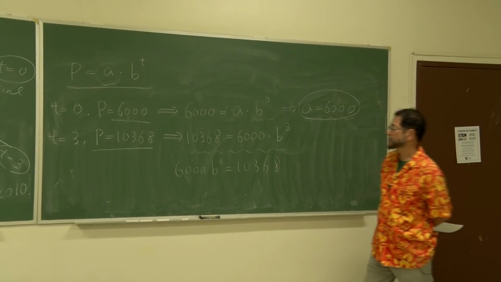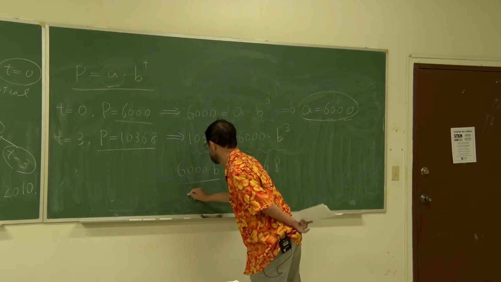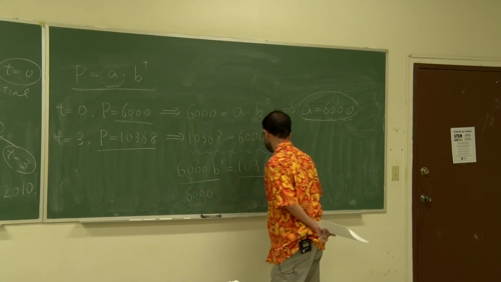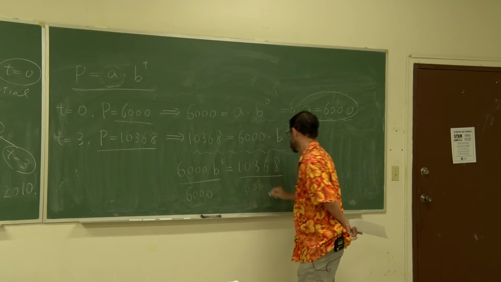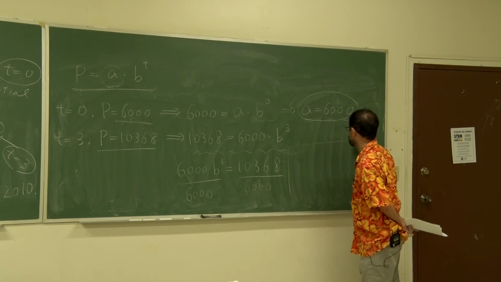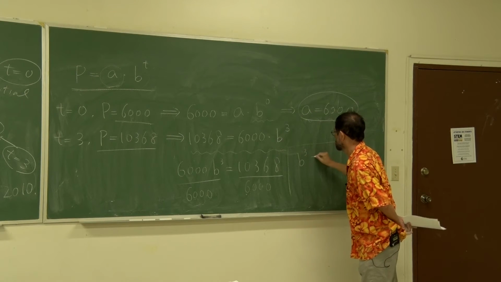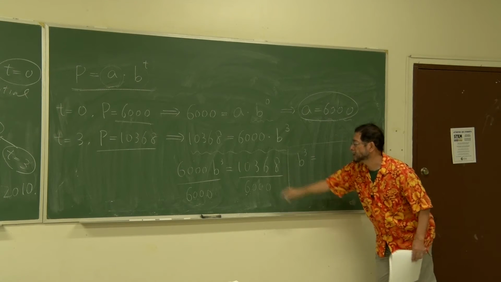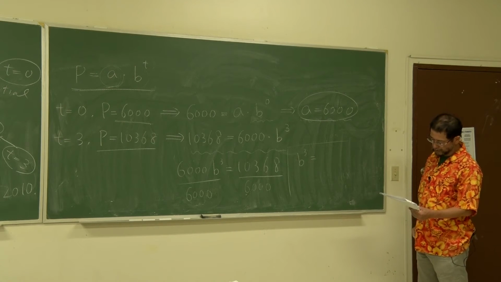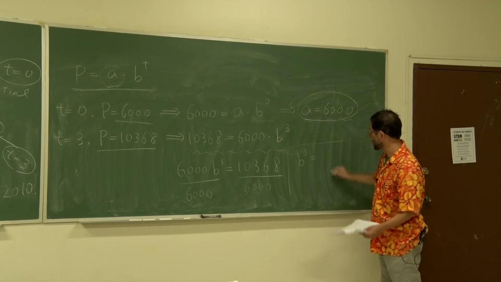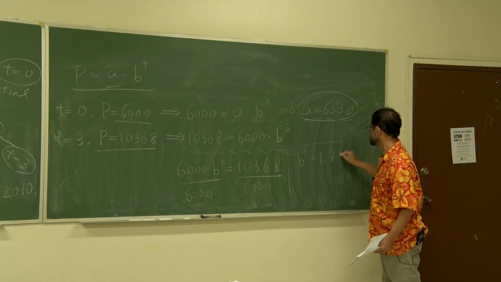Then first you want to solve this for b cubed. So you divide both sides by 6,000. Just using a calculator, you can easily get the value of this quotient. So b cubed is equal to 1.728.